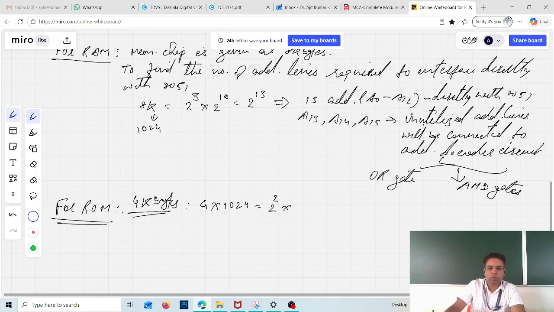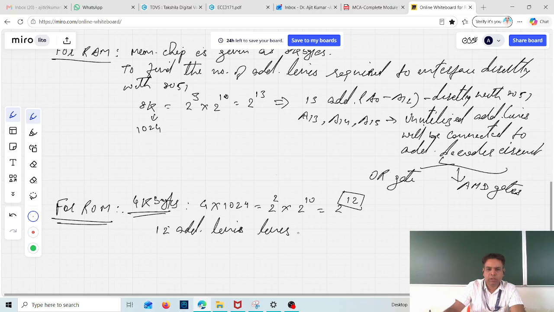So 2 power 2 into 2 power 10, which is 2 power 12. So this 12 will be used as address lines.